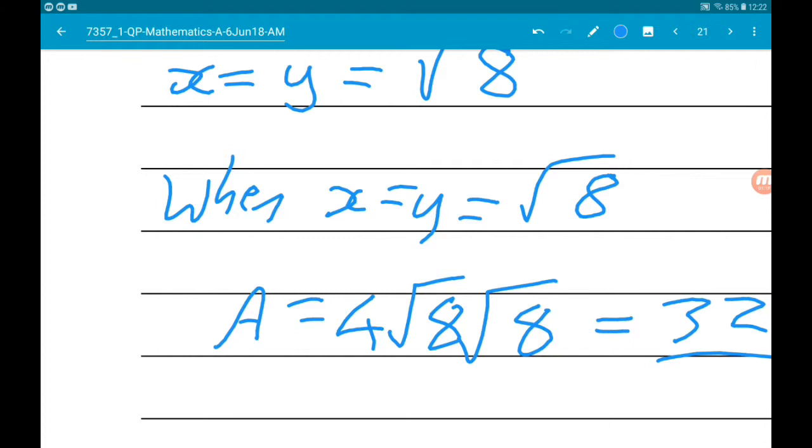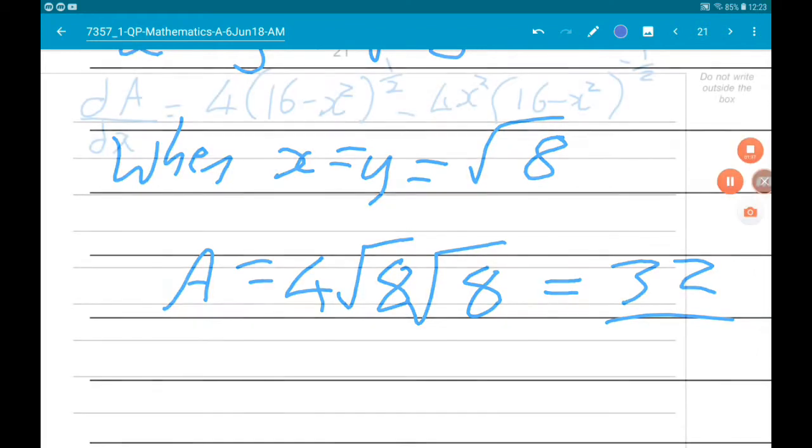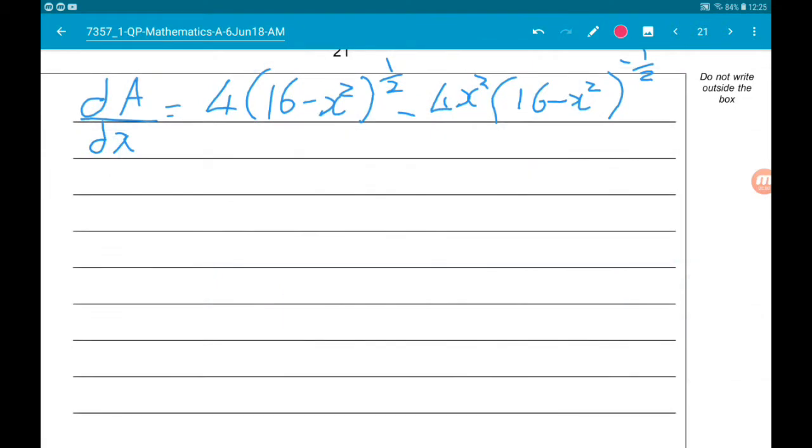So that potentially is our maximum area of the rectangle, which would actually be a square because the sides are the same. Now what we need to do is prove that this is a maximum. Okay, so to prove that we have found a maximum, we need to think about what that would mean.